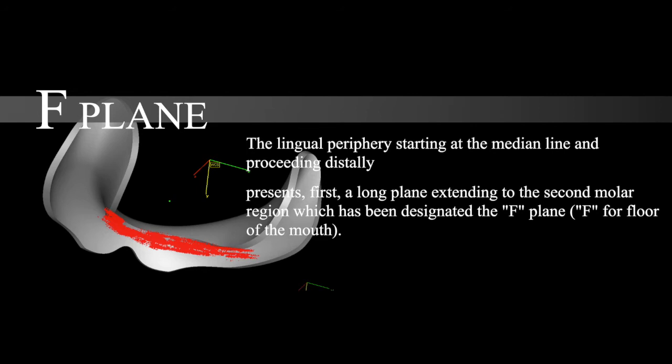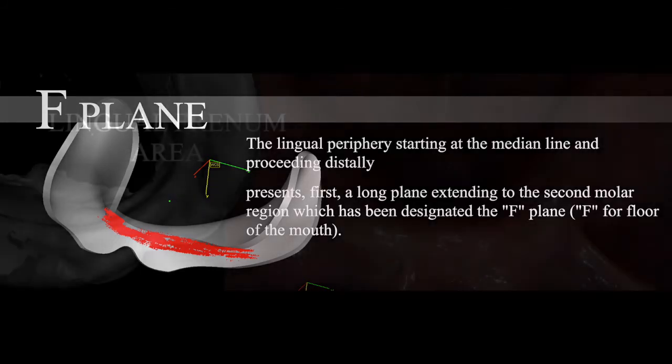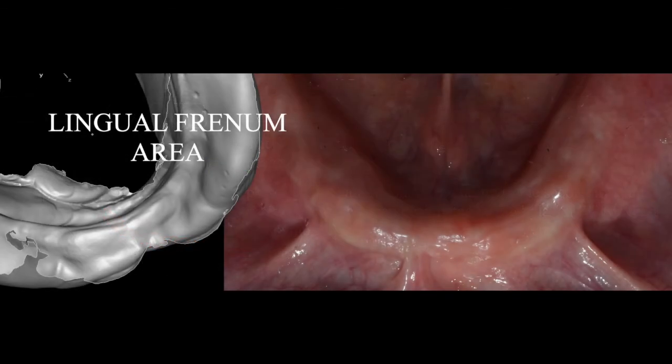It is also called the lingual vestibule, the lingual outline form of the mandibular denture. So it starts from the lingual frenum area. Make sure you provide the lingual frenum space and extend distally, forming the F plane or lingual outline form.